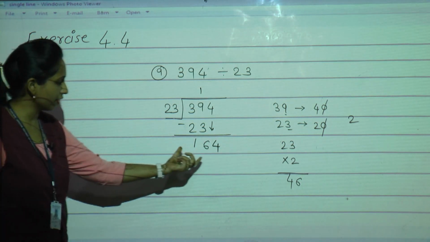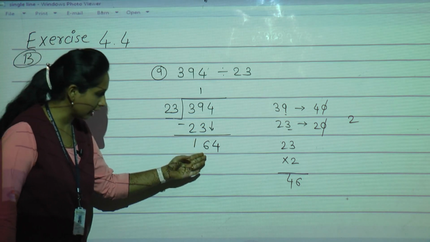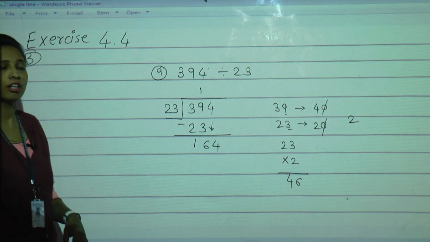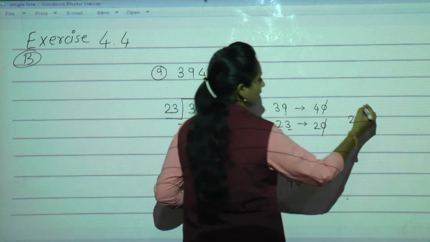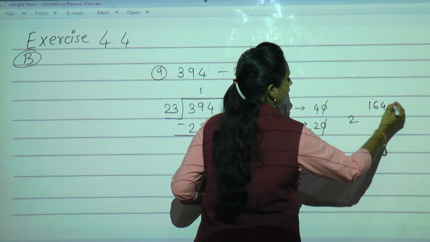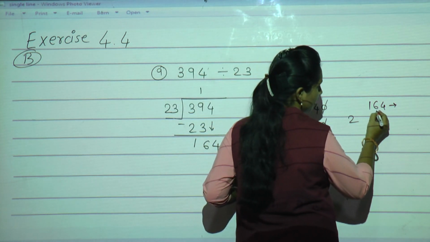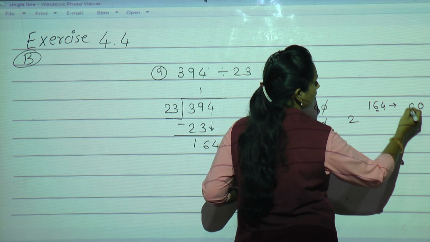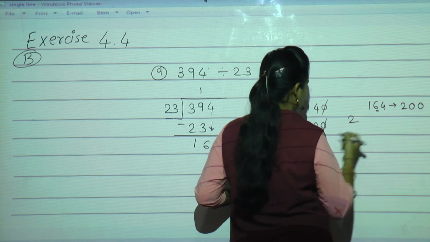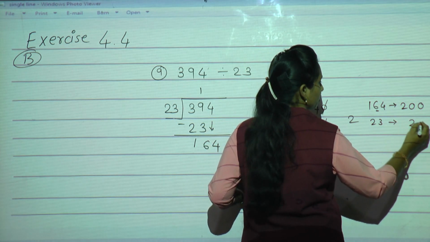Now bring down 4. Now we have to find out 164. How many times can 23 go into 164? Write 164. We have to find the rounding nearest to 164. 6 is at the tens place, place 0 and add 1, 200. And 23 is rounded to 20.